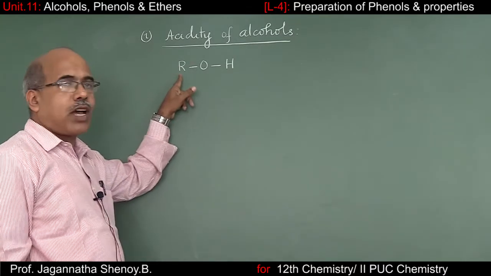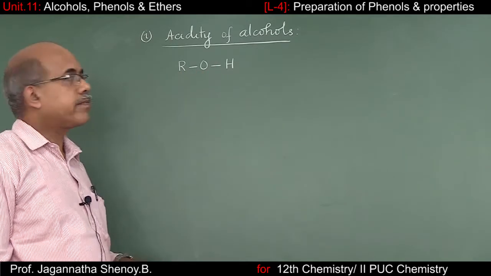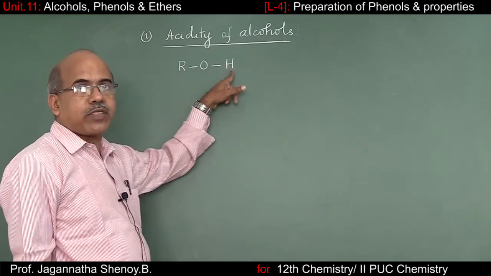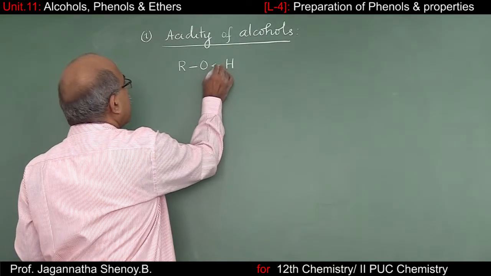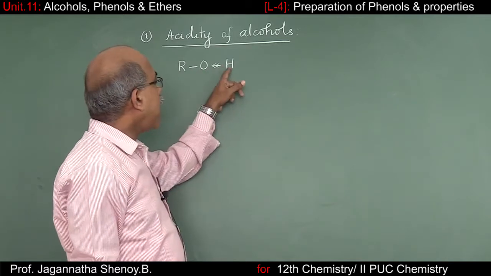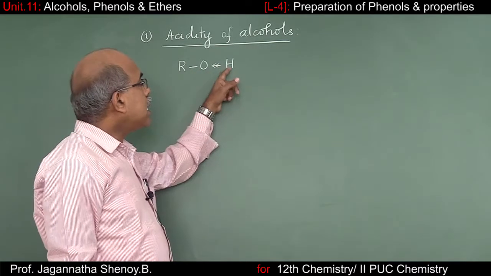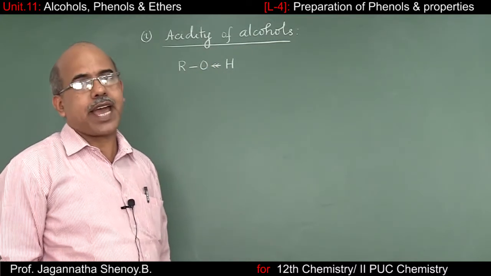The general formula of alcohol I have written is ROH. You know that oxygen is more electronegative than hydrogen. That's why oxygen pulls the shared electron pair of the oxygen-hydrogen bond towards itself, releasing hydrogen easily in the form of H plus ion.